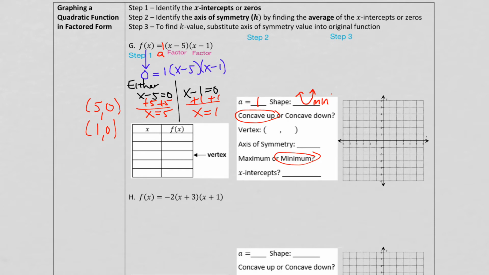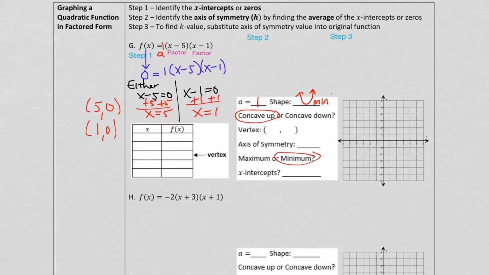With that, step 2 says, let's find our position. Let's identify the h value. To do this, we're going to find the average of the x-intercepts, the ones I just found in step 1. To find the average of two numbers, you simply add them together and divide by 2.